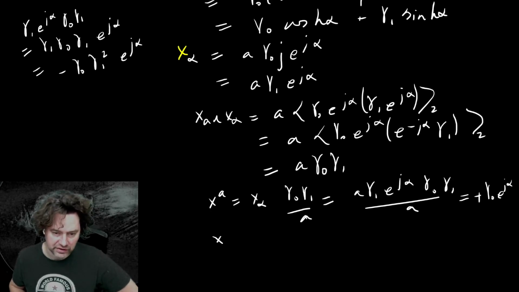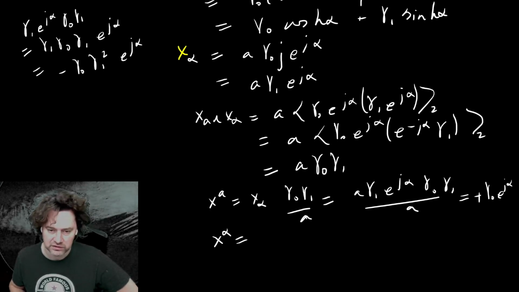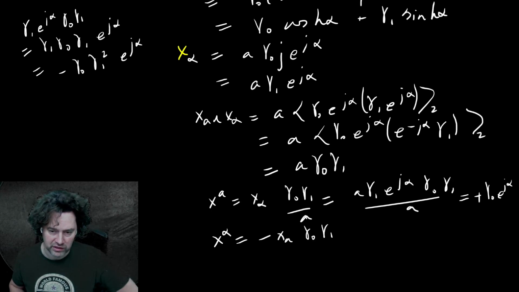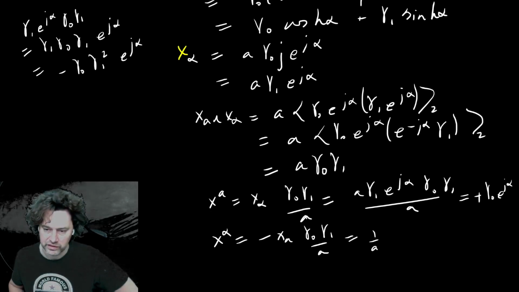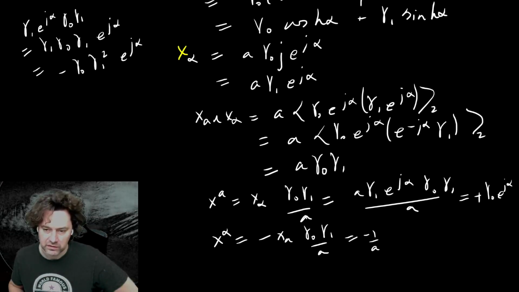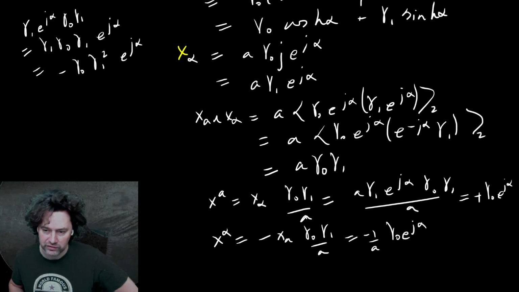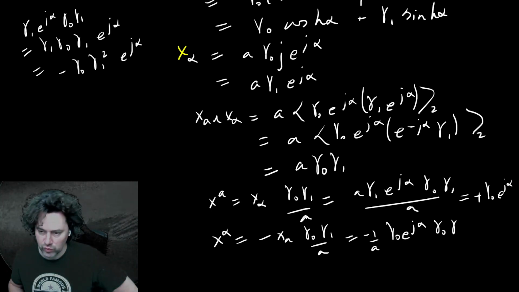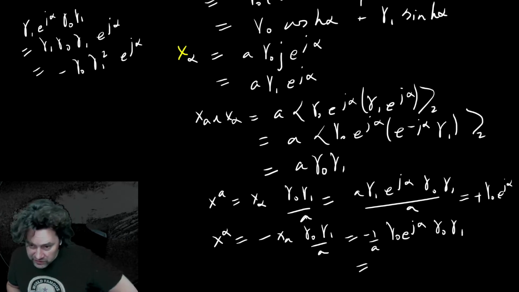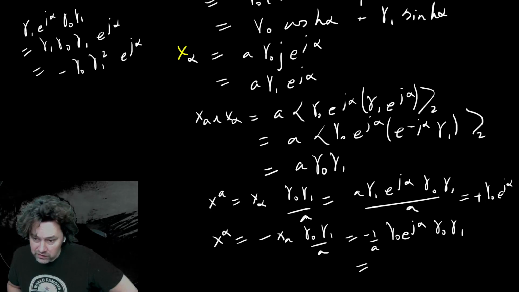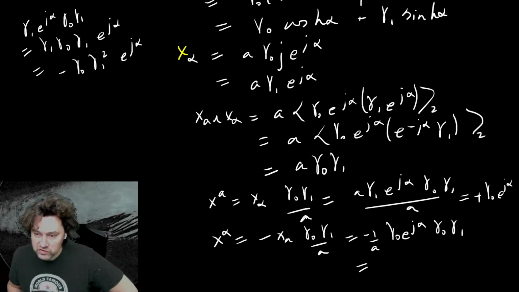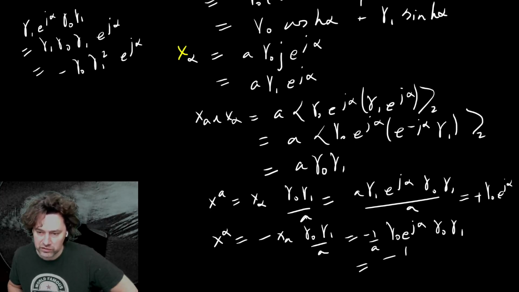All right. And then our x upper alpha is minus xa gamma 1 gamma naught over A, which is 1 over A gamma naught e to the j alpha gamma naught gamma 1, and that is gamma naught squared times gamma 1, so minus 1 over A gamma 1 e to the j alpha.